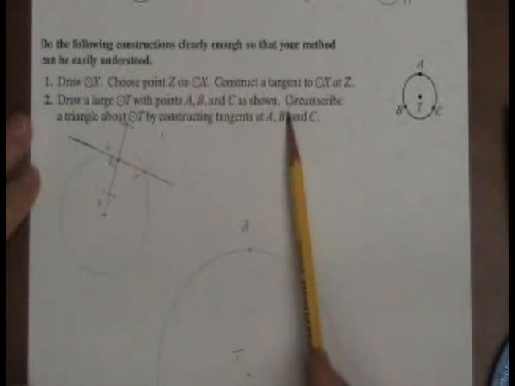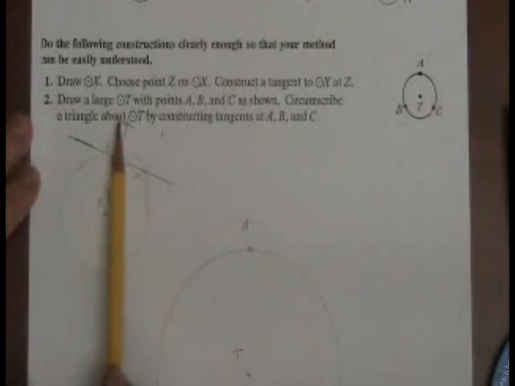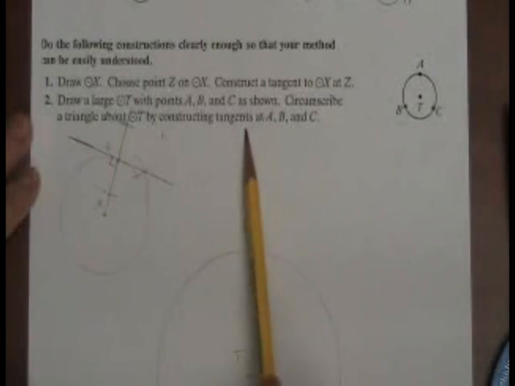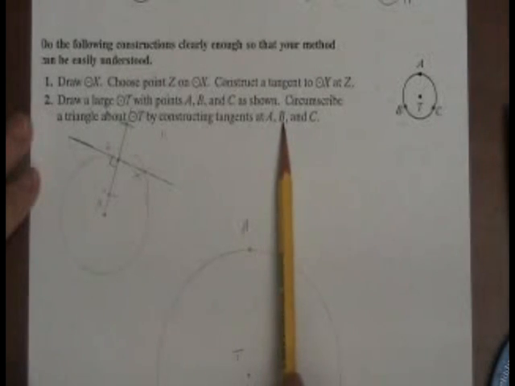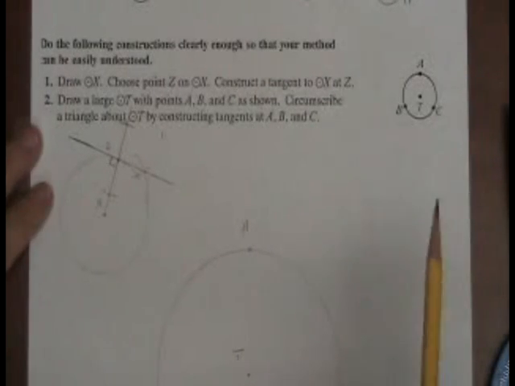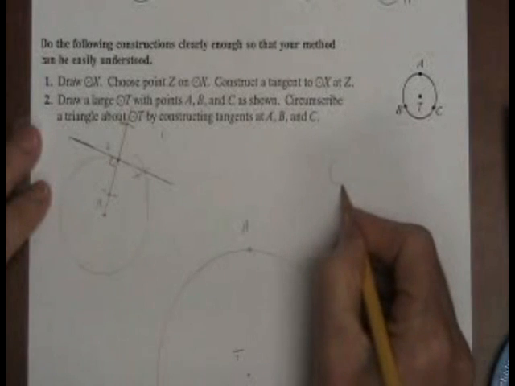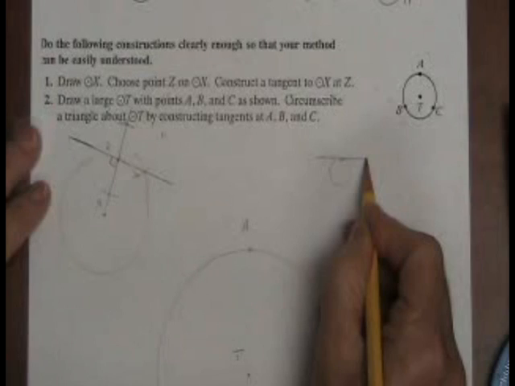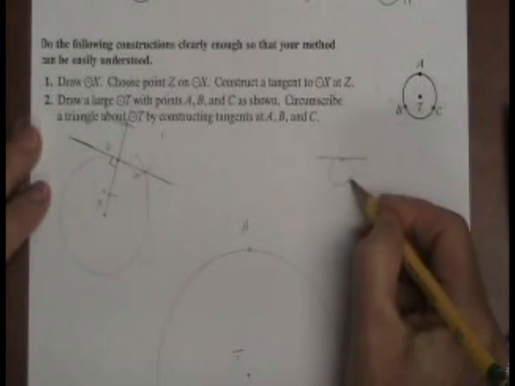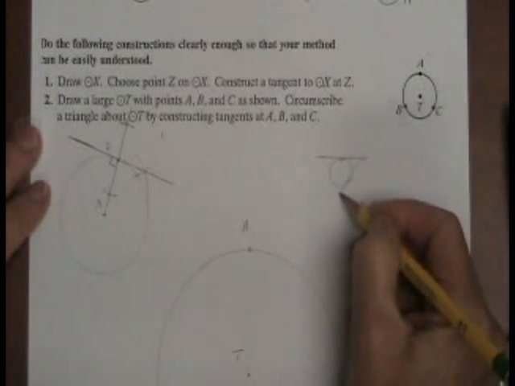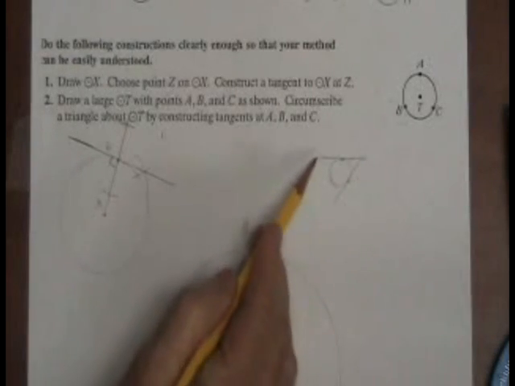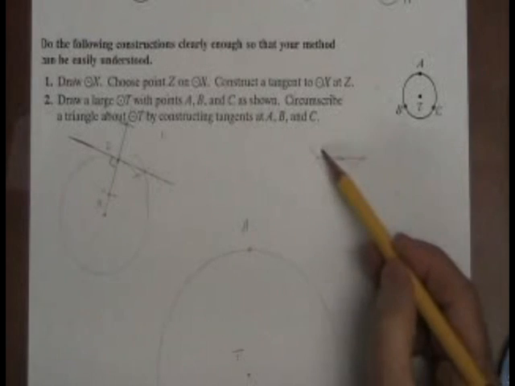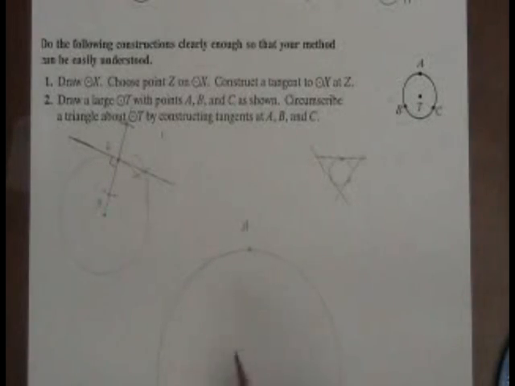And then it says circumscribe a triangle about circle T by constructing the tangents at A, B, and C. All right, so this is basically what they're asking us to do. They're asking to find the tangent to that point, which will be about like that, tangent to this point, which would look like that maybe, and tangent to this point, which would look something like that. And then do you see they're going to form a triangle like that? So that's what we're going to do here.